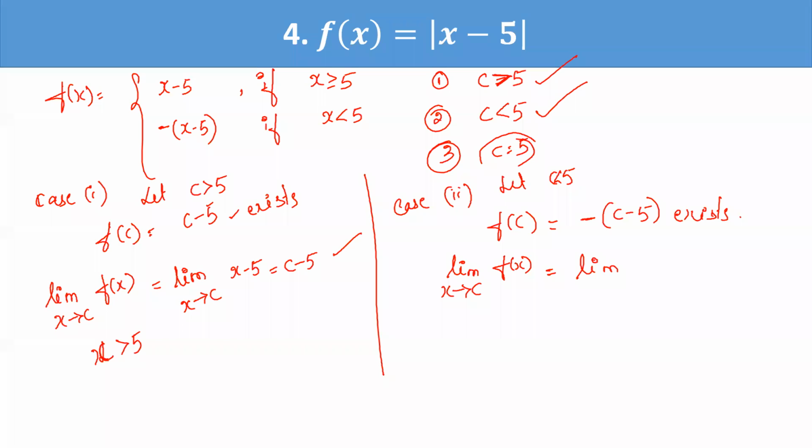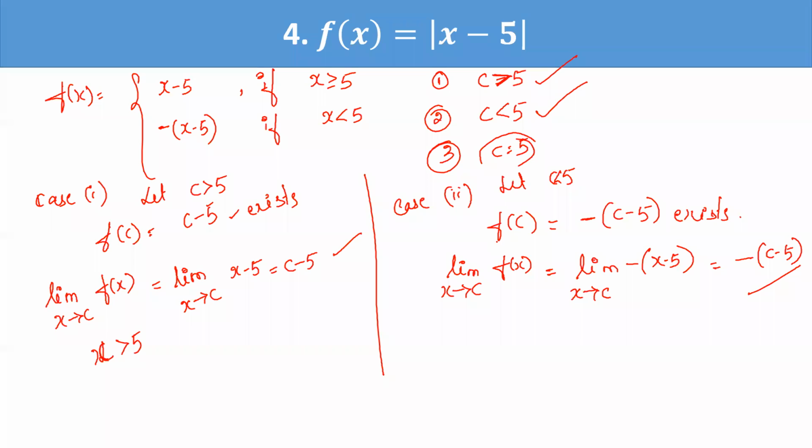Second form. Okay, substitute it. So I'll get minus of x minus 5 as x tends to c. So it is minus of c minus 5. Clearly this also exists, and you can see both are equal. So the function is continuous even if your value of x is less than 5.